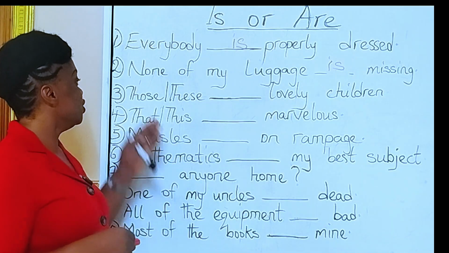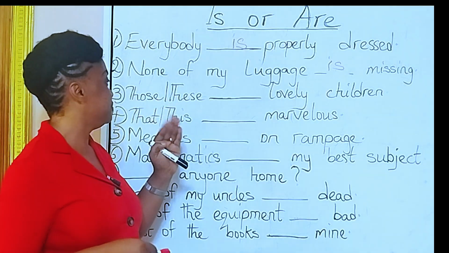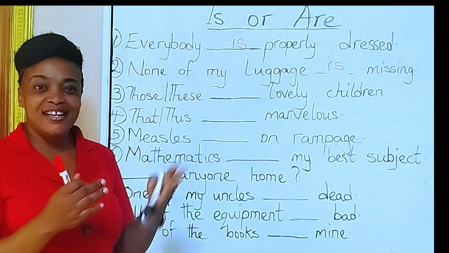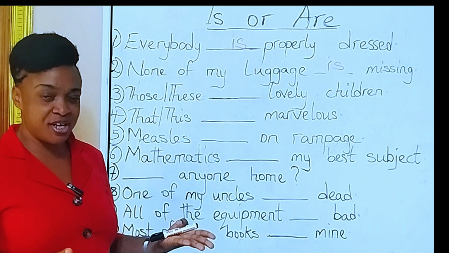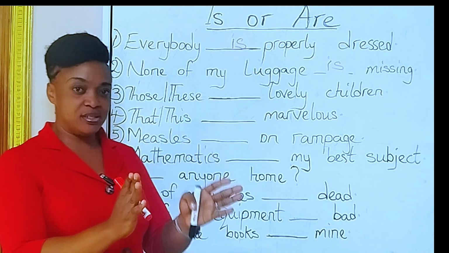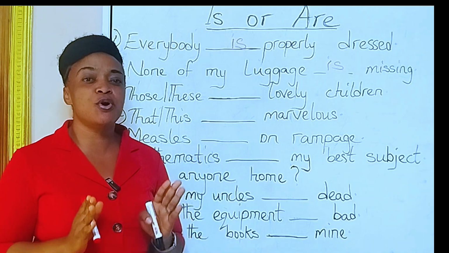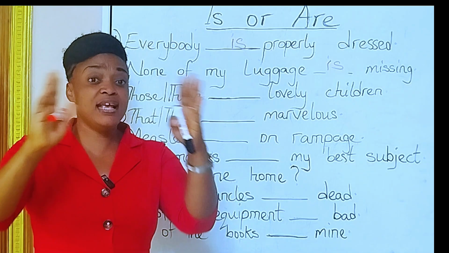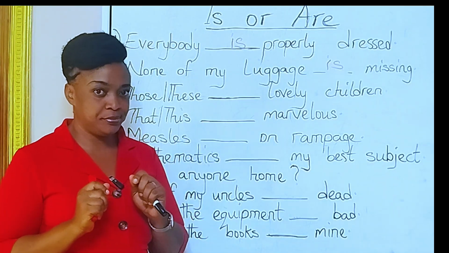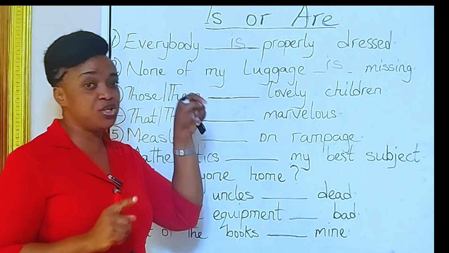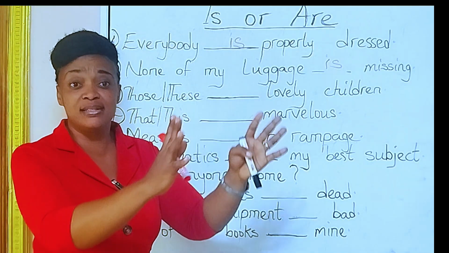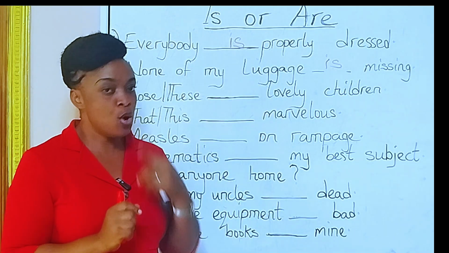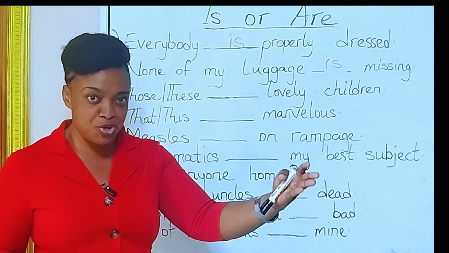Number 3. Those, these. The two of them are plural. We call them demonstratives. They are pointers, and they are used whenever you want to point towards things that are more than one. Now, the difference between the two is that this one points towards things that are far from you, more than one and far from you.